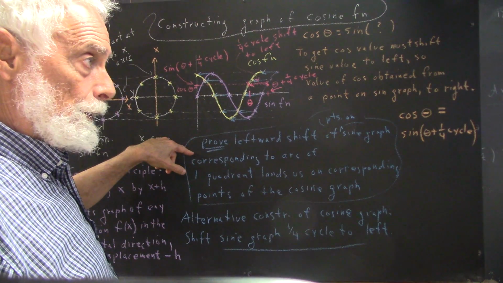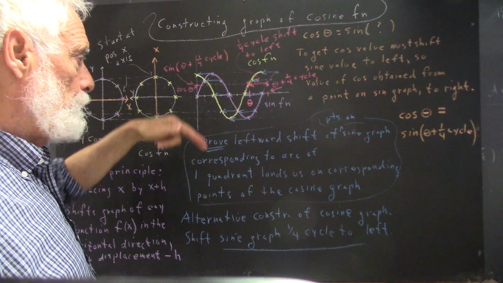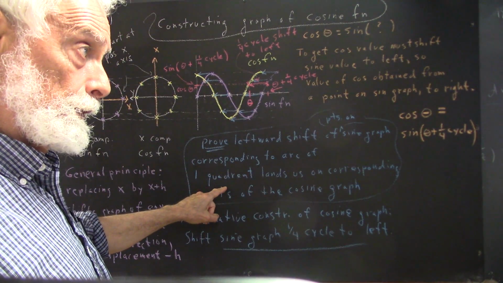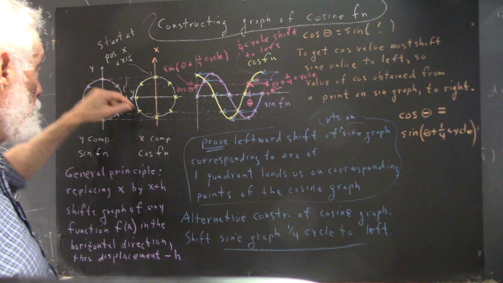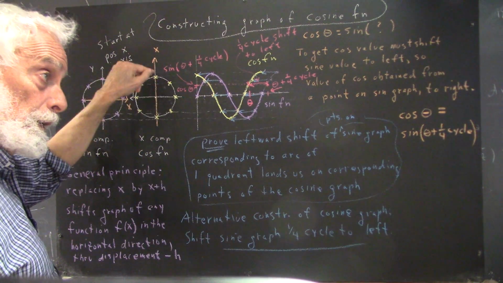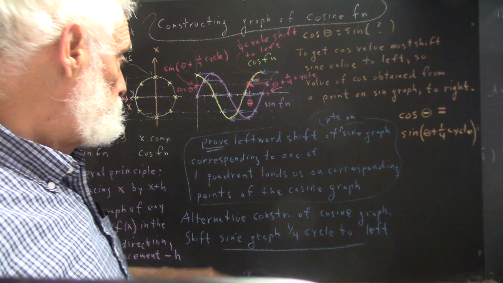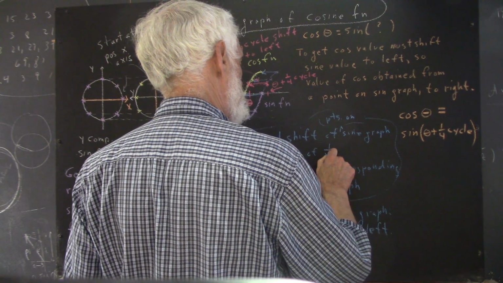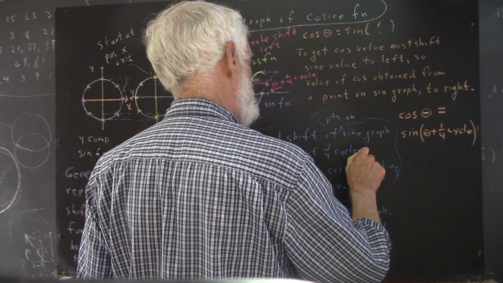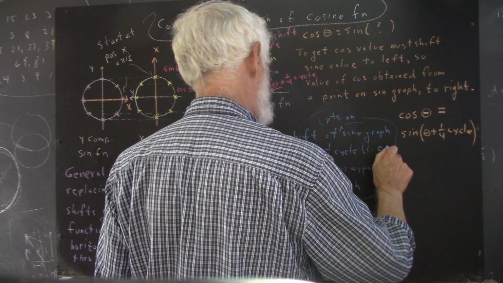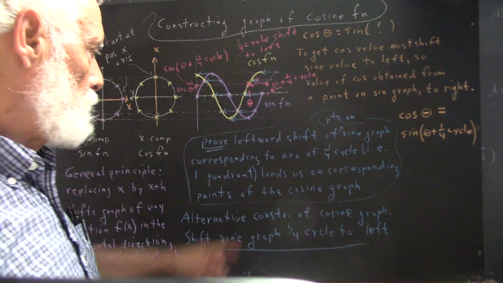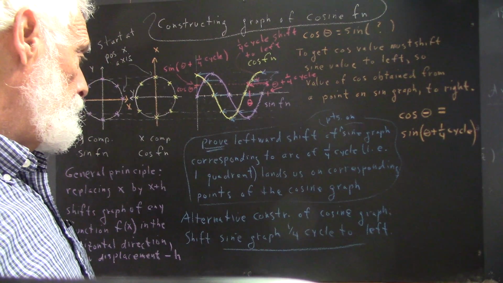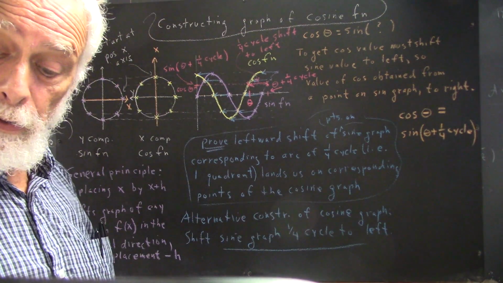And I've asked that you consider proving that the leftward shift of the points on the sine graph corresponding to an arc of 1 quadrant, and that is 1/4 of a cycle. An arc of 1 quadrant is 1/4 of a complete circle, 1/4 of a cycle. And I could actually restate that an arc of 1/4 cycle, that is 1 quadrant, lands us in the corresponding point of the cosine graph.